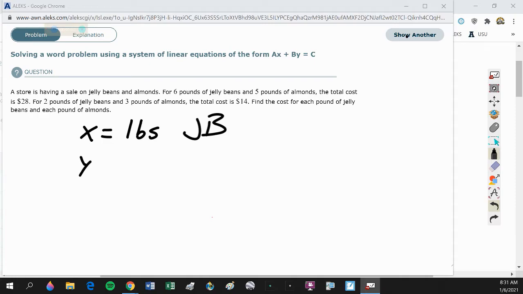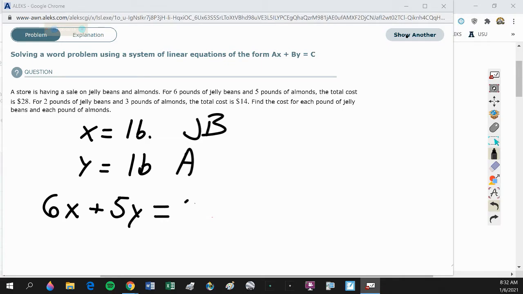And I don't know how much a pound of almonds costs. But I do know that 6 pounds of jelly beans plus 5 pounds of almonds is $28. I also know that 2 pounds of jelly beans and 3 pounds of almonds is $14.